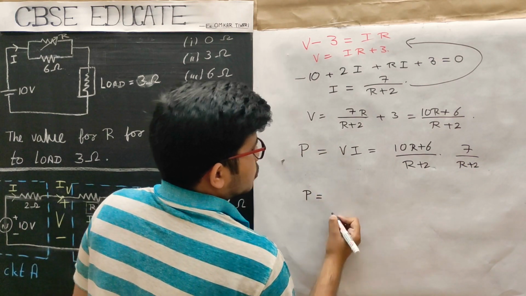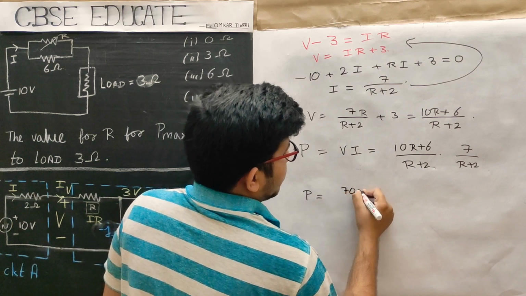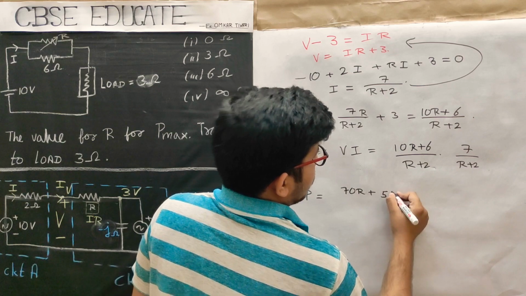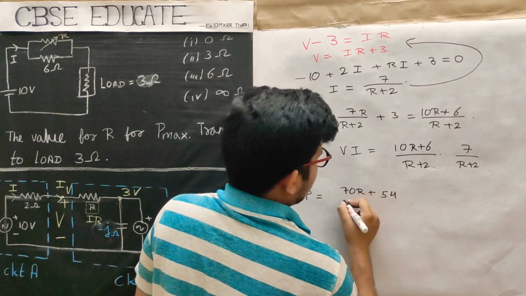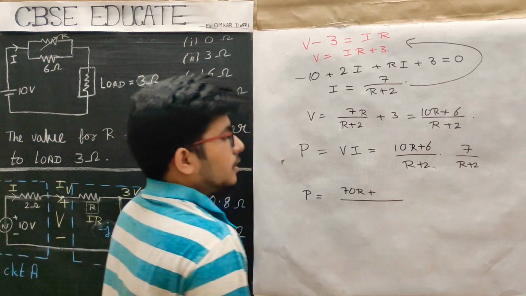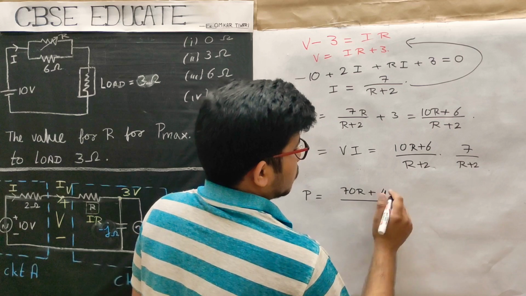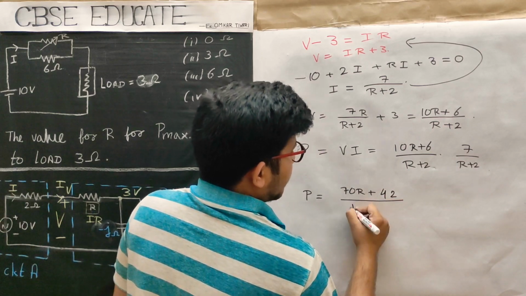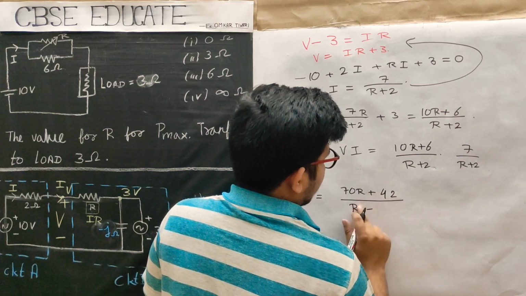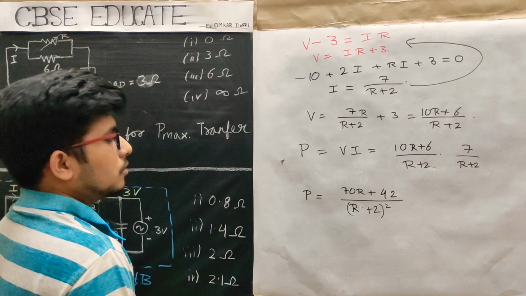So P is equal to 7 times (10R plus 6) divided by R plus 2 whole square, that is 70R plus 42 over R plus 2 whole square.